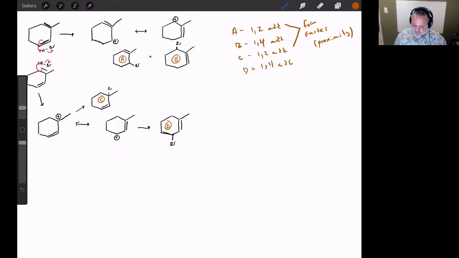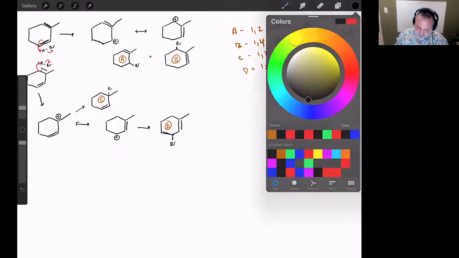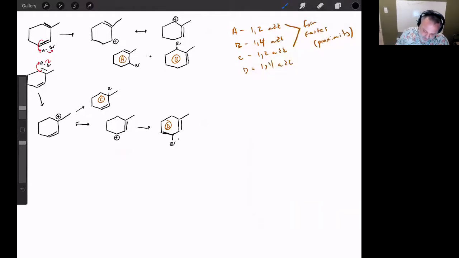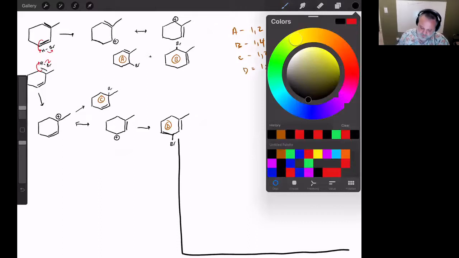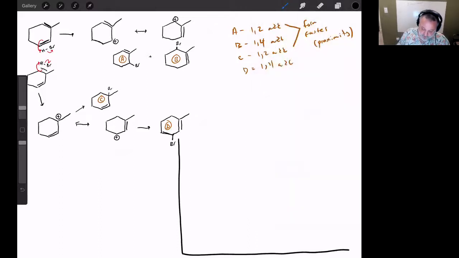Now, let's start to illustrate how a reaction coordinate of this type of reaction, where there's 4 products, actually starts to get a little bit difficult. Okay, we start off with the same reactants, but we have a different set of carbocations. We have the AB set and we have the CD set. And here's the very first problem.